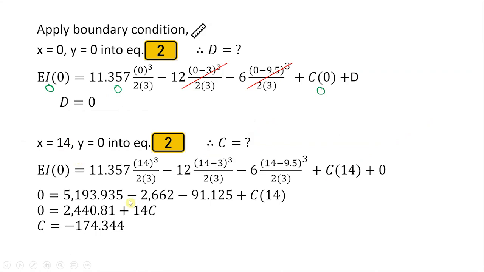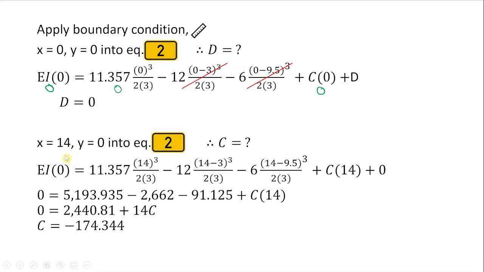Jadi kita masukkan lagi dalam equation number 2. Since kita punya boundary condition tu ada huruf X and ada Y. X sama dengan L, Y sama dengan kosong. Dia tak ada dy over dx kat sini. Jadi kita tahu itu adalah equation number 2. So for equation number 2, which deflection punya equation, masukkan value ni dalam equation 2.